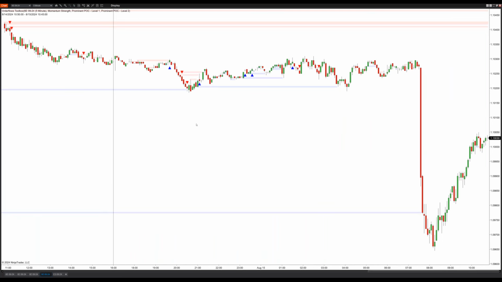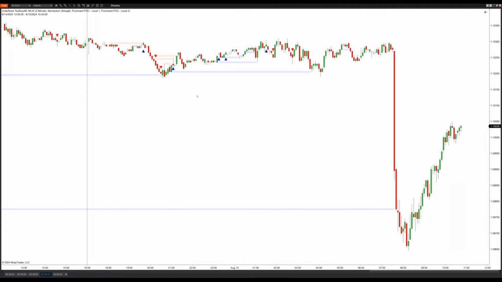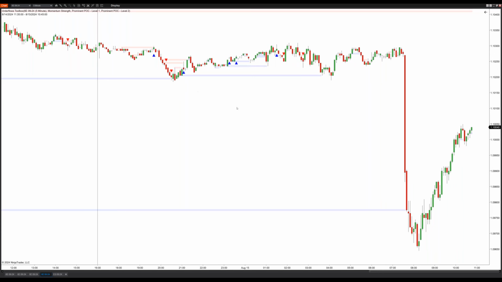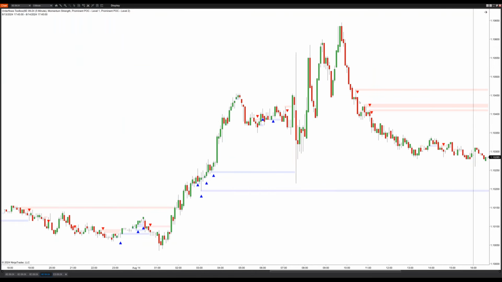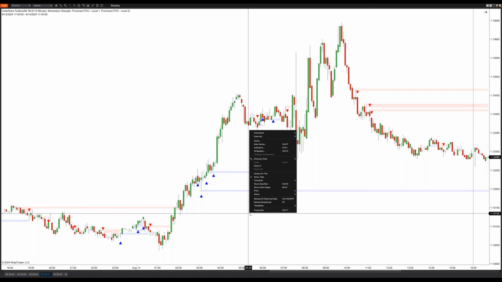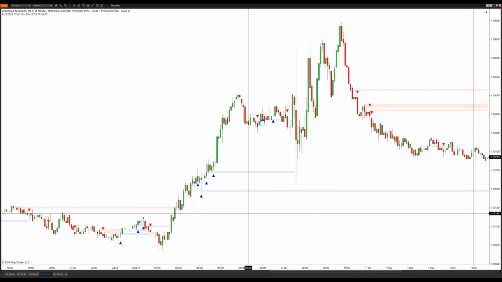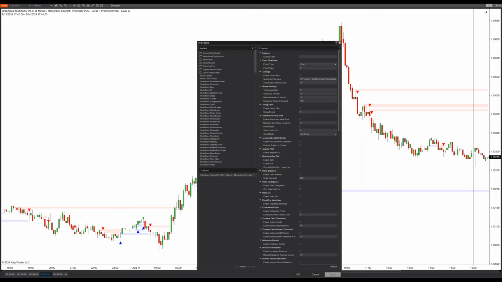So for example here, this is just simple momentum strength and prominent point of control level 1, level 2. Again, we had that big down day, nothing else is going on right now, but you can see yesterday, here, right? Nice move up, nice move down. It's not about adding every single thing on there all at once. It's about adding things that help make sense.